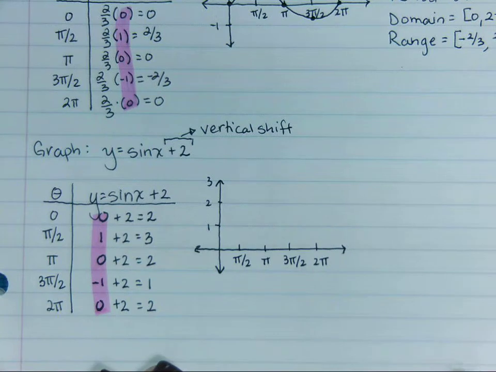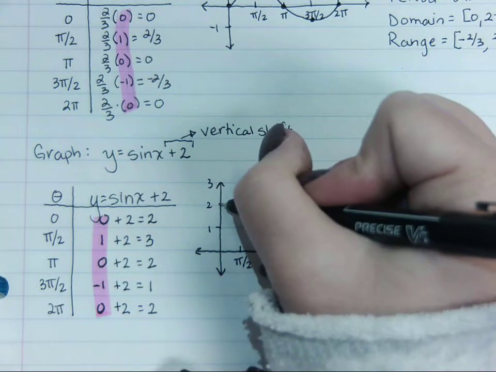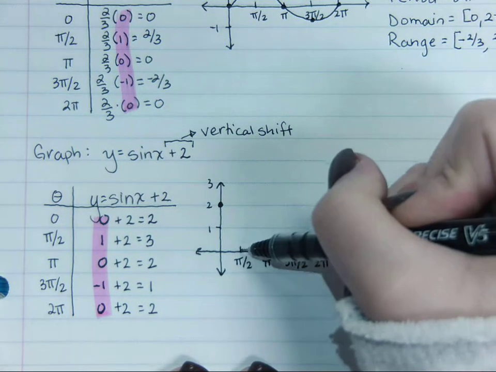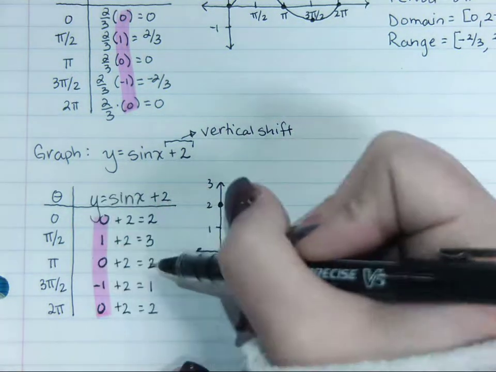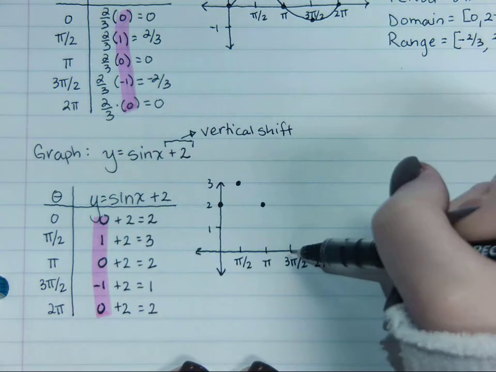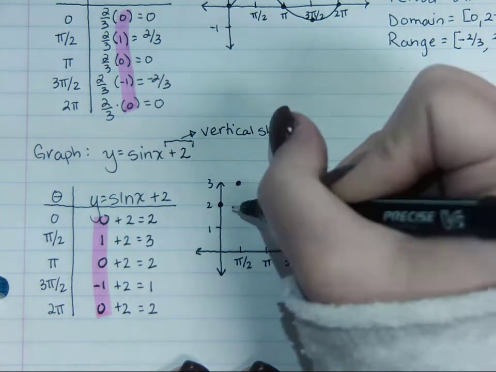Right. And so now let's graph the coordinates. 0, 2, which means now I'm starting here. At pi over 2, I need to go up to 3. At pi, I'm at 2. 3 pi over 2 is at 1. And then again up here at 2.